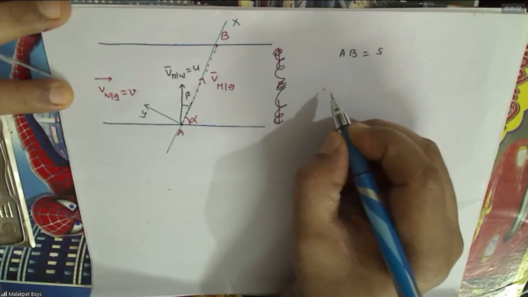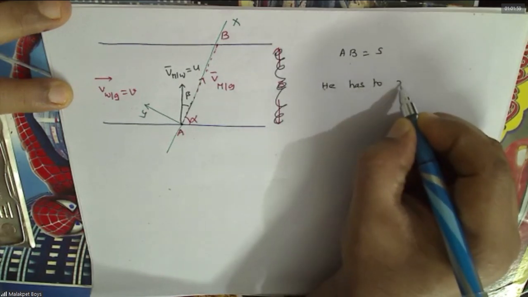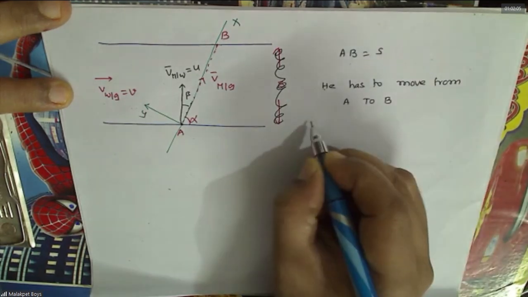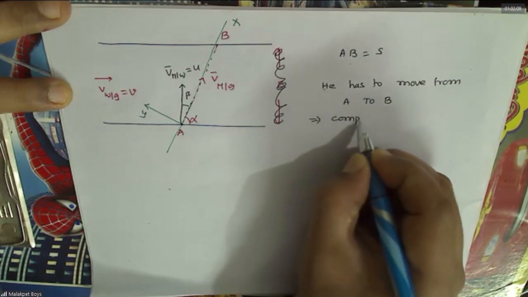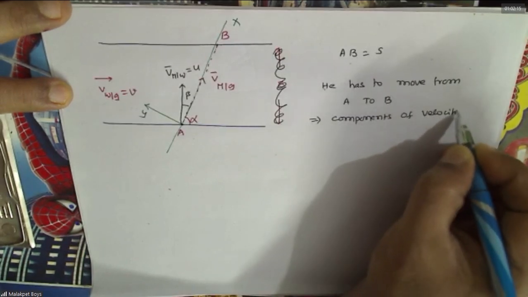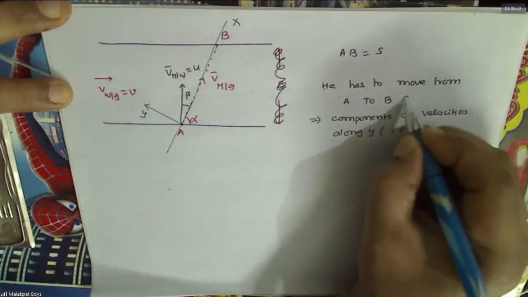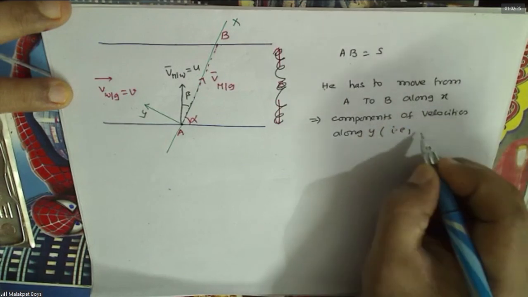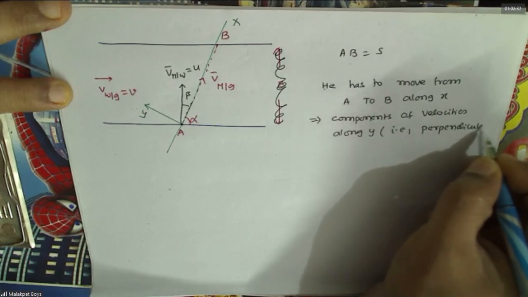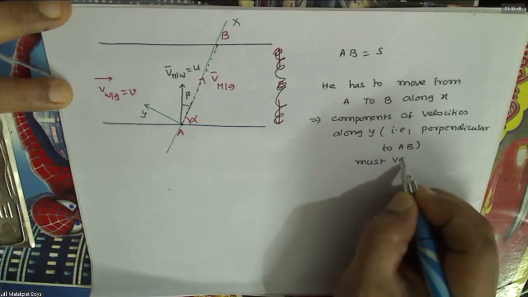Understood this? So we can say he has to go from A to B. This implies that, do you agree with this?